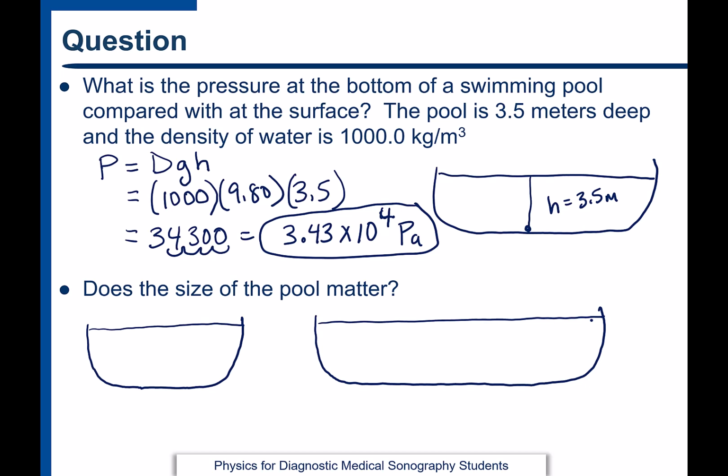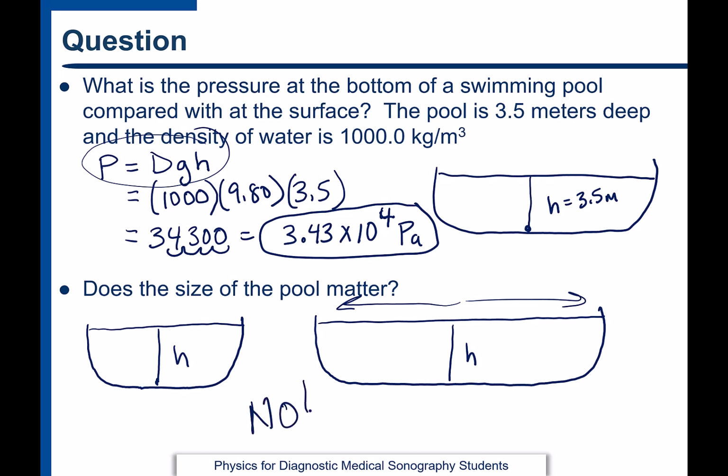In other words, there's nothing in this formula related to the size of the pool. The only thing that matters is the depth. And so whether it's a big pool or small pool, the only thing that affects the pressure is how deep we are from the surface of the pool. So I'll put a big no. The size of the pool doesn't matter.